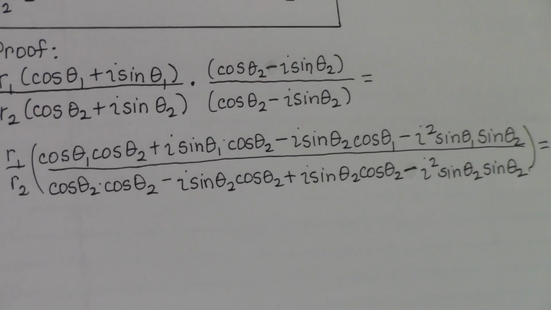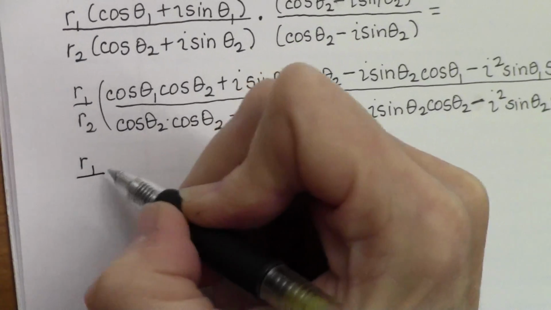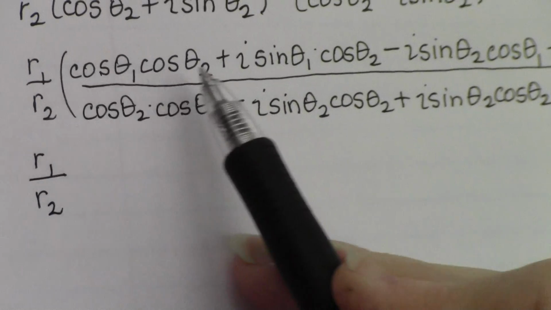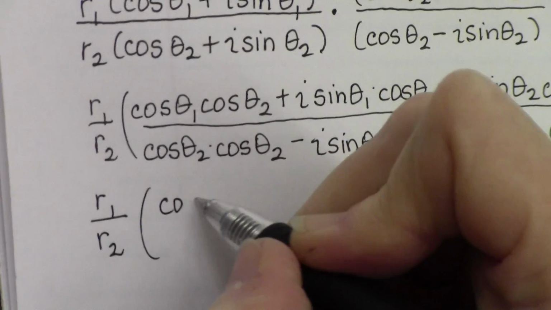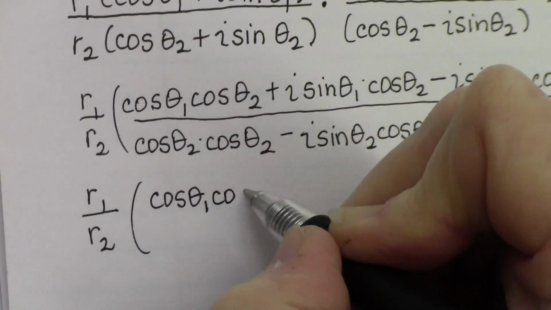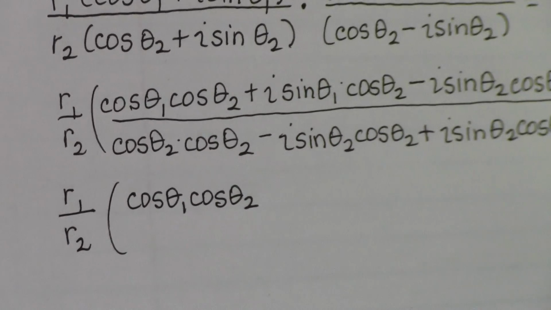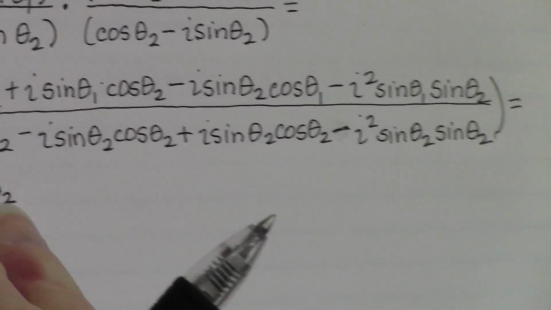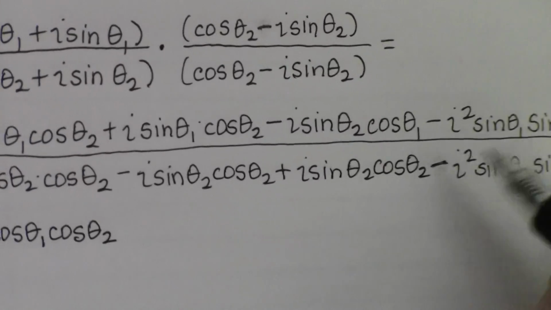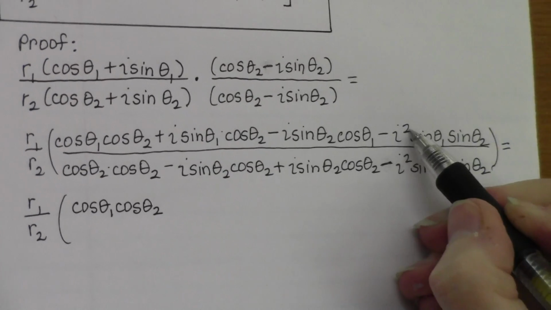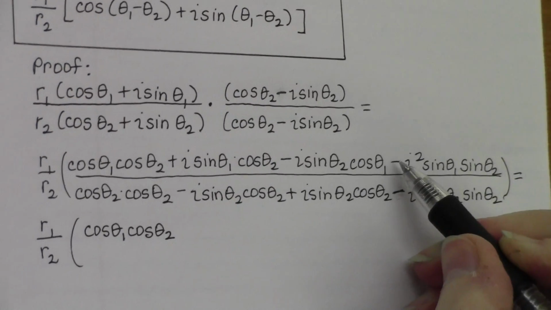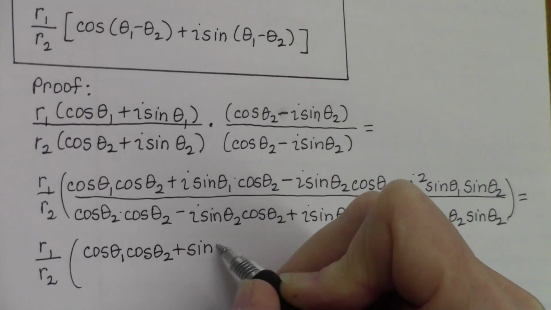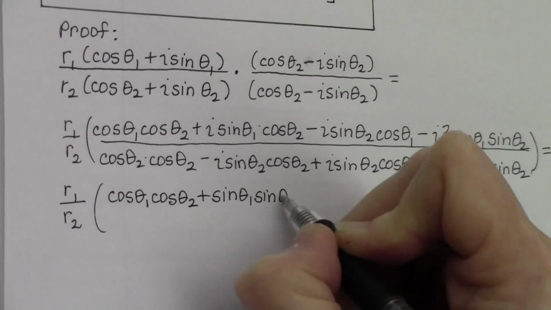Now I want to look at what I have, both top and bottom, and maybe clean it up a lot, I hope. So I have cosine theta sub 1 times cosine theta sub 2. And I want to bring this term from the back end of the numerator up front with this cosine business. So I have negative i squared. If i squared is negative 1, then that means we have the opposite of negative 1. So I have positive sine of theta sub 1 sine theta sub 2.